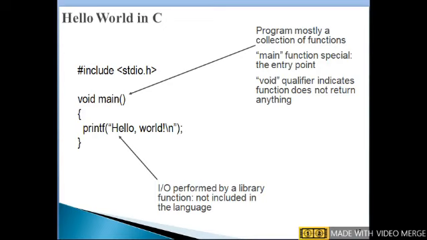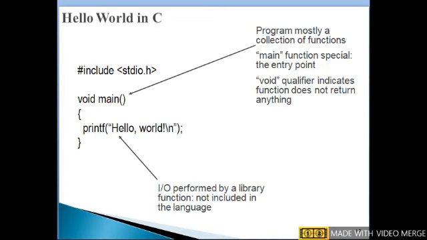Void main. Main is the function. Void is a qualifier indicating that the main function does not return anything. After that, curly braces. Next, printf.